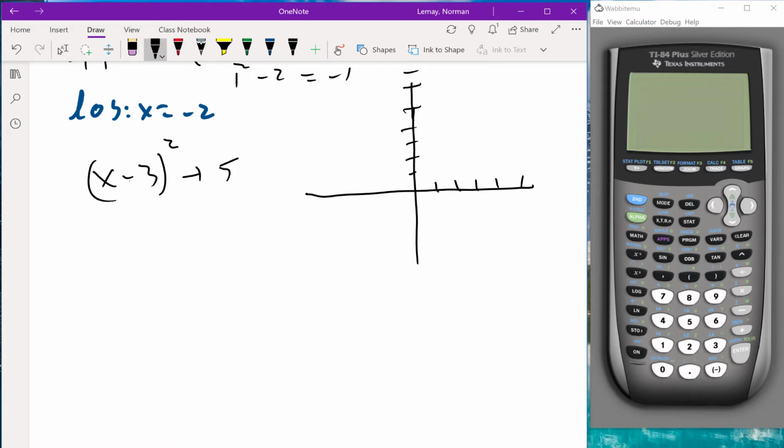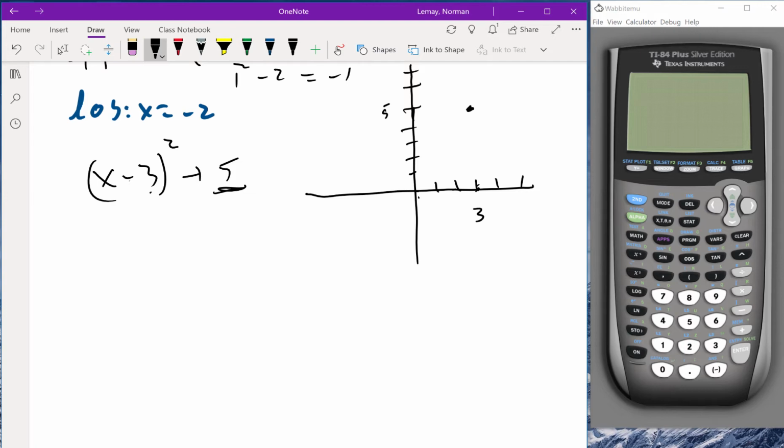Okay. All right. So we know we're going to go to the right 3, and we know that this is going to shift up. So if I shift to the right 3, so x squared, 1, 2, 3, and then goes up 5, 1, 2, 3, 4, 5. So here is our vertex right here.